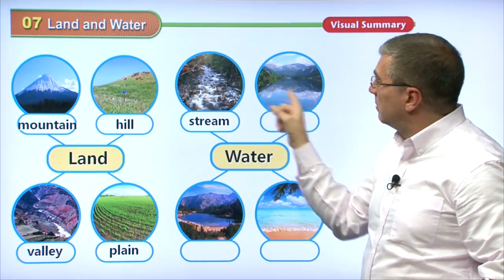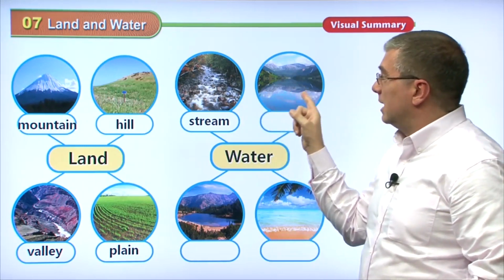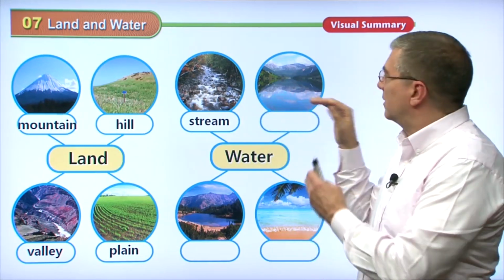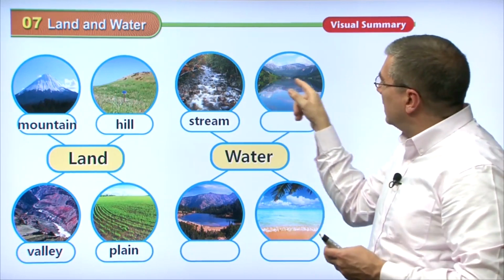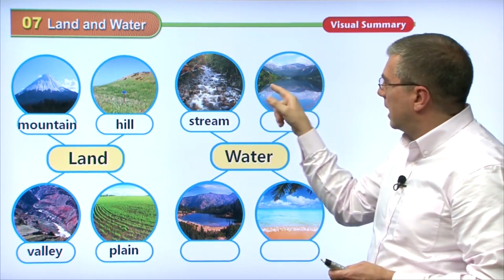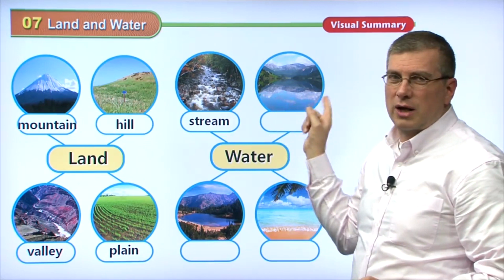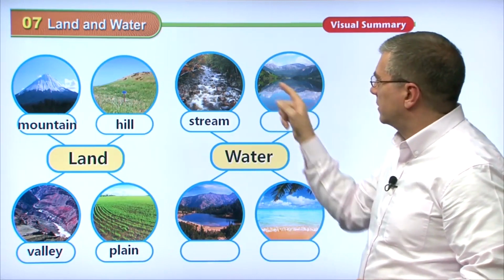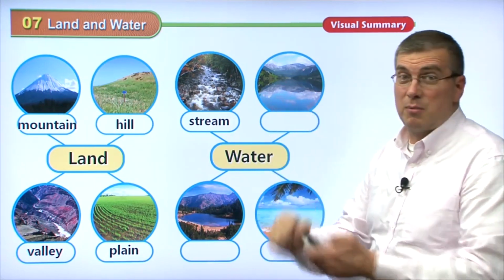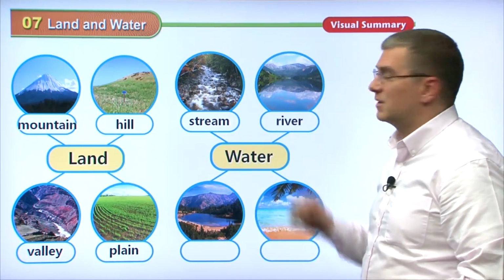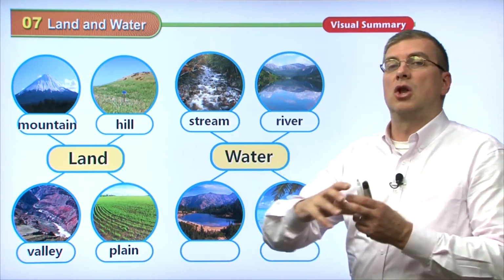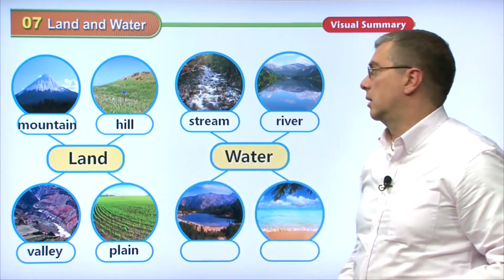Okay, over here, similar thing, but this water is moving, although it looks like it's not moving, but it is moving, and it's very wide, okay? So we cannot cross it, right? We'd have to swim across it or build a bridge across it or take a boat and paddle across it. That, of course, is a river. River is a large, long piece of moving water.